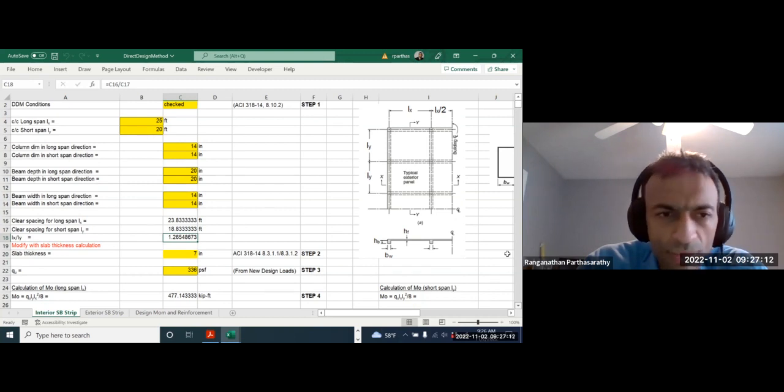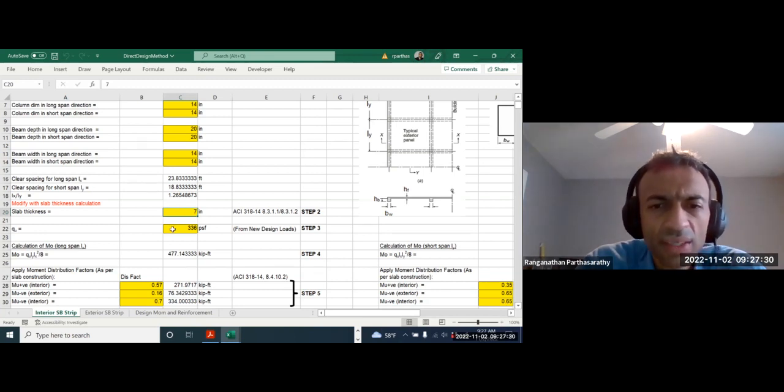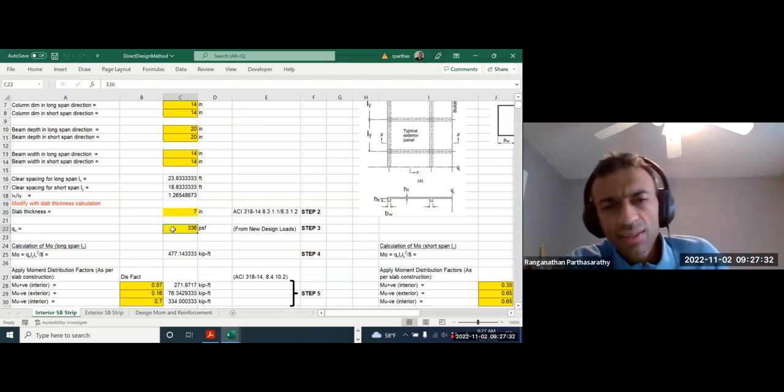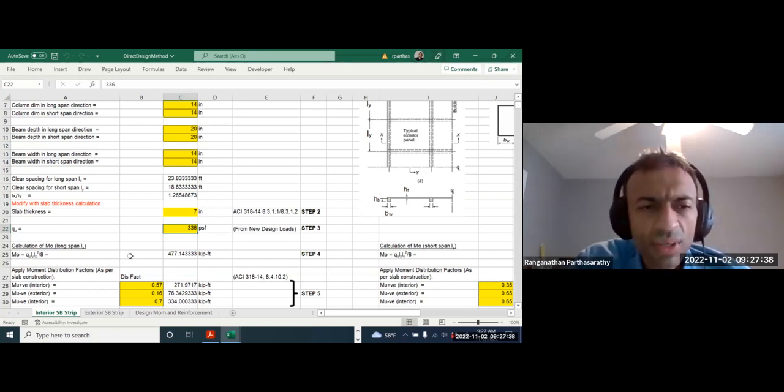Now, you look up your slab thickness. I gave you the clause number here. Okay, I haven't put a formula here. Then this is your factored load in PSF. First we do the long span.